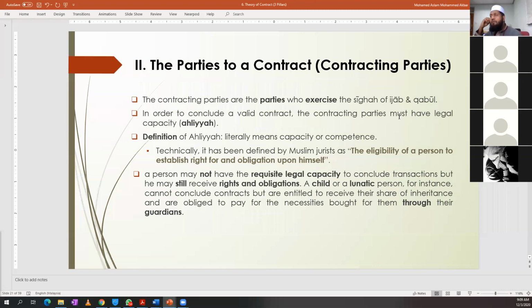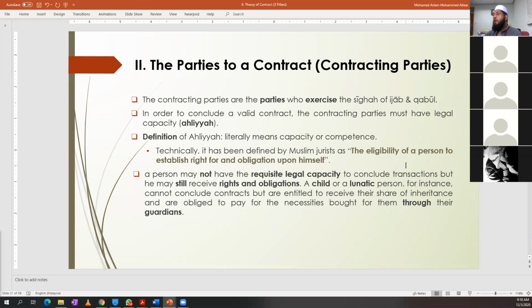Let me give you the definition of ahliya: the eligibility of a person to establish a right or an obligation upon himself. See, he is eligible to establish, he is eligible to give you something. So you are receiving the right.